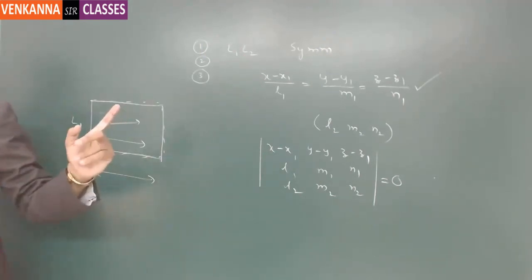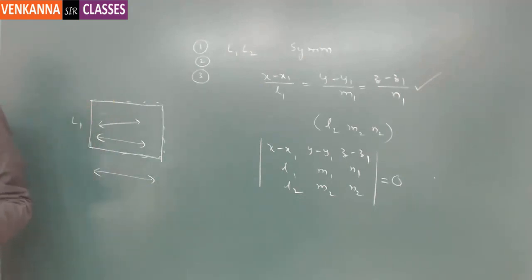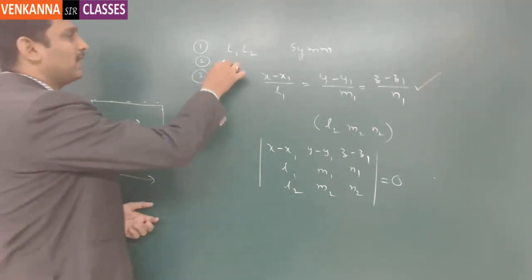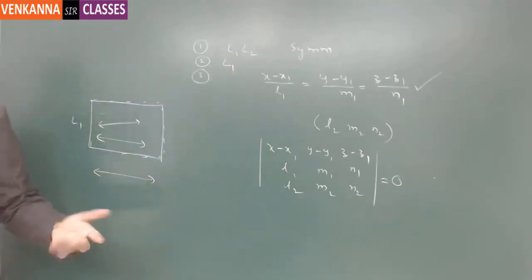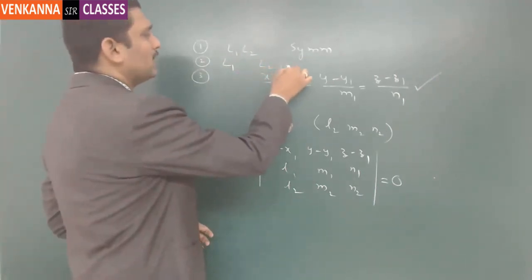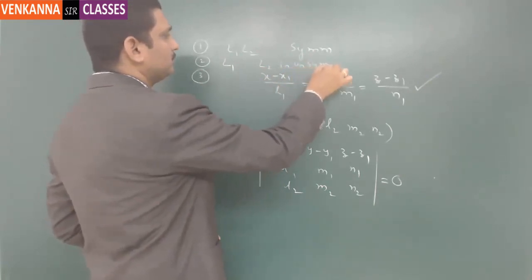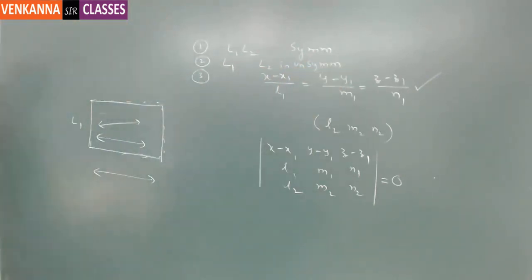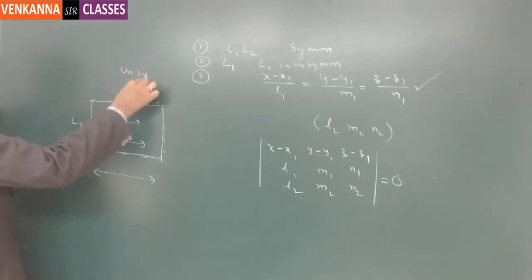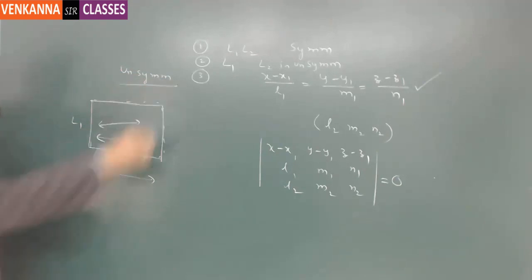So in that case, we are going to check the coplanarity. Second one is, I have taken L1 in symmetric form, L2 in unsymmetric form. So among the two lines, one is in symmetric, the other one is in the unsymmetric form. And third case is obviously both the lines are taken in unsymmetric form. Then how to calculate and verify the coplanarity. Okay? This is the perspective. Clear?